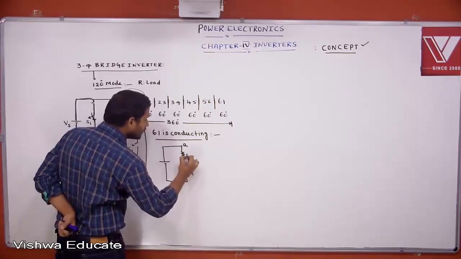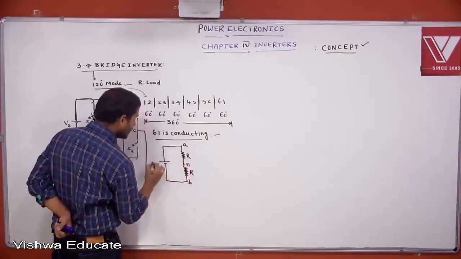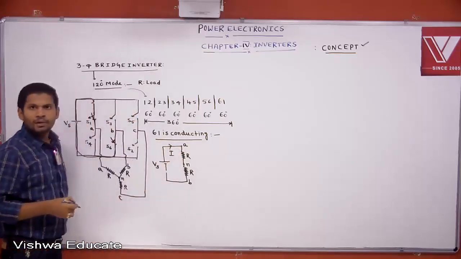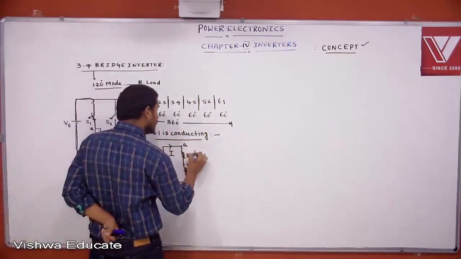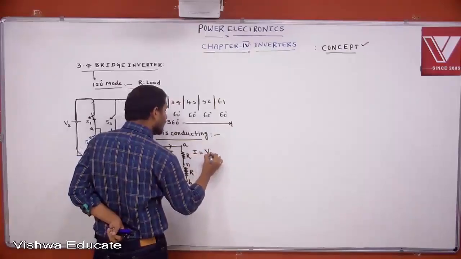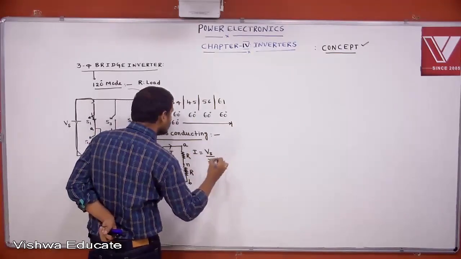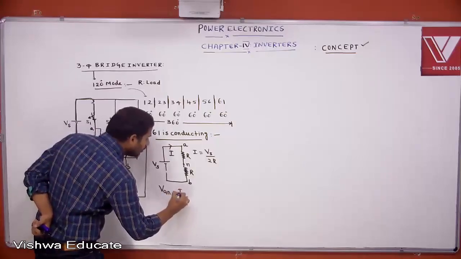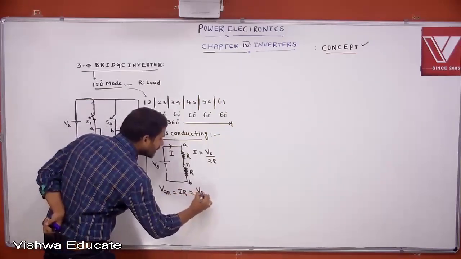This is R, this also R. Let this be V and let this current be I. Now can you define what I is equal to? I equals Vs by 2R. Then first define VAN. VAN equals I into R, that equals Vs by 2.